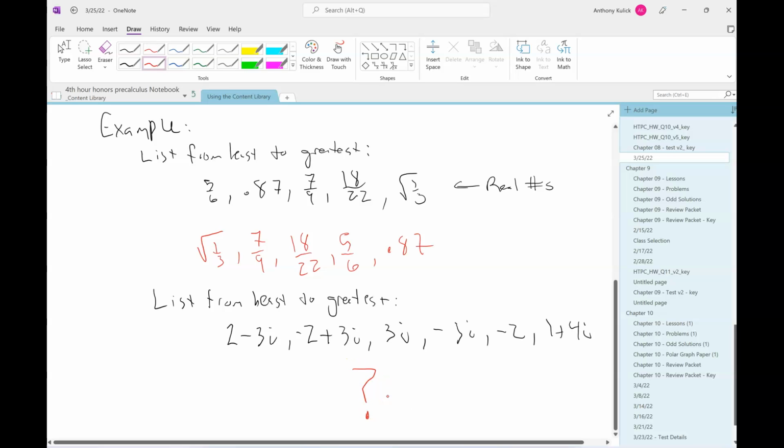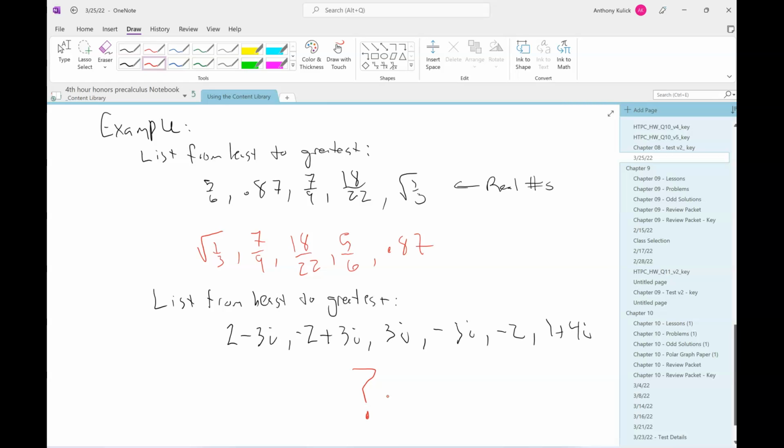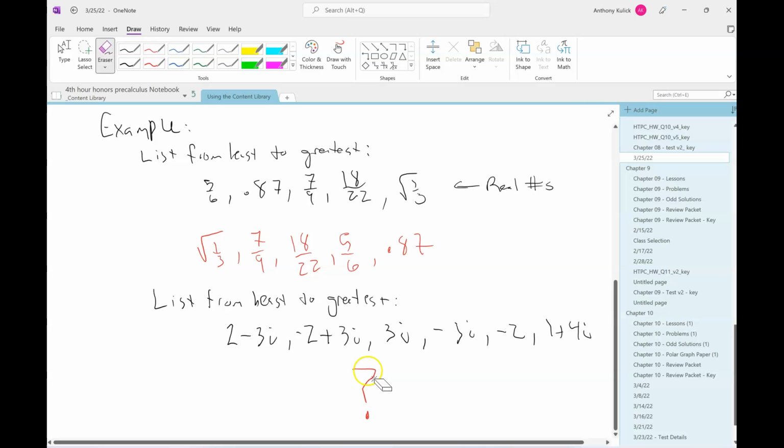Doesn't really make sense now, right? So this is actually not possible.